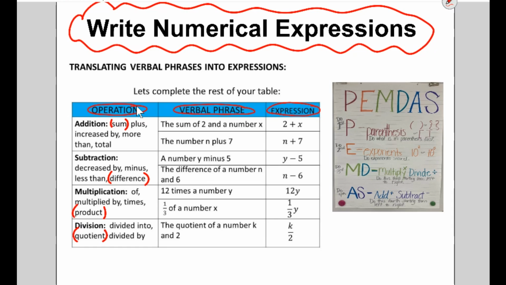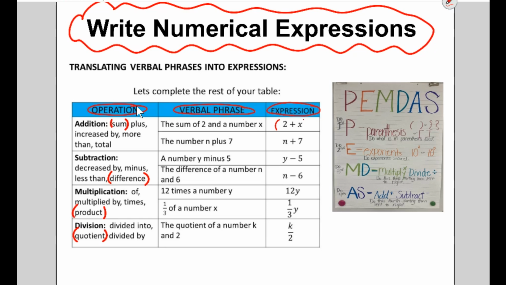So if we go through these for addition, the sum of 2 and a number x, we're saying that the number, or the x, is going to be a number in this case instead of a letter. And then saying the sum of means that you want to add those things. What I've noticed also is that whenever we see the word sum of, that means that we put it in parentheses.